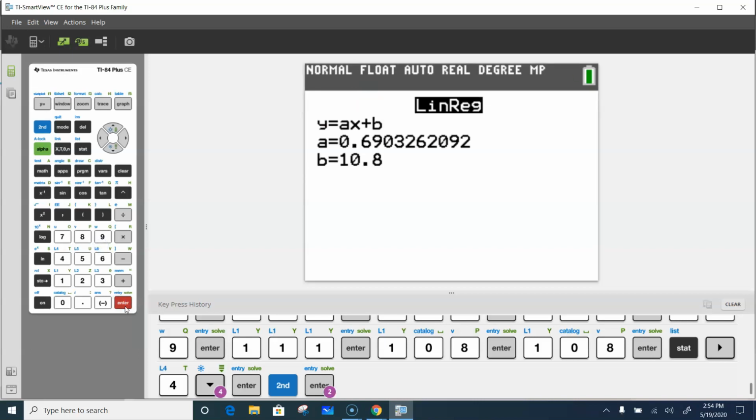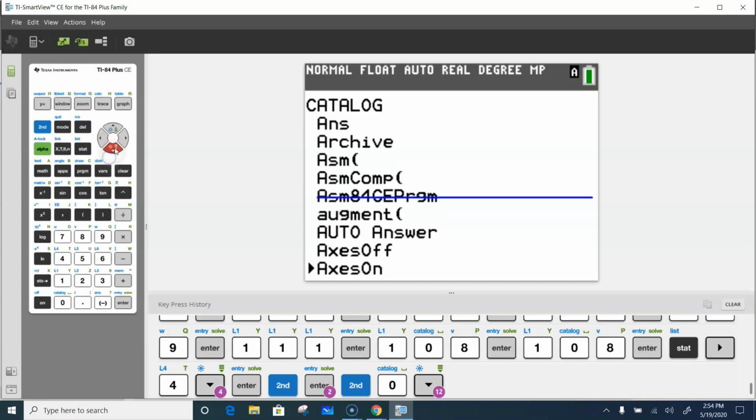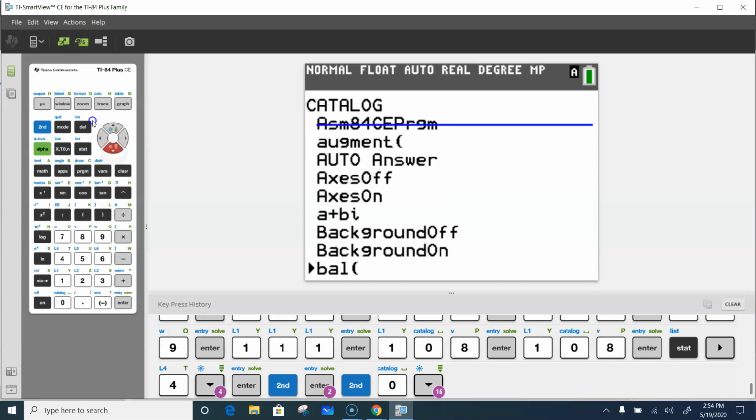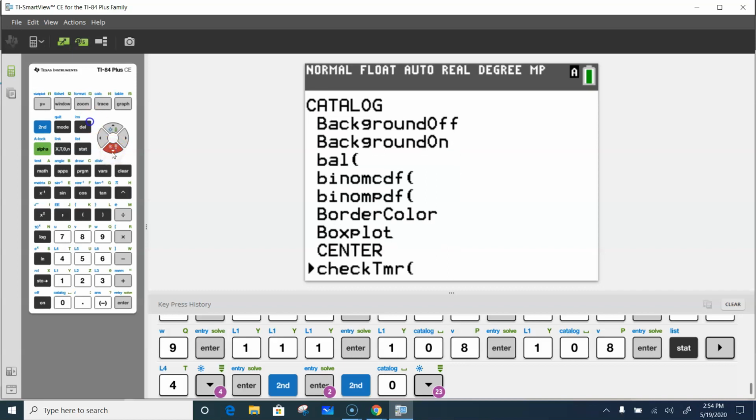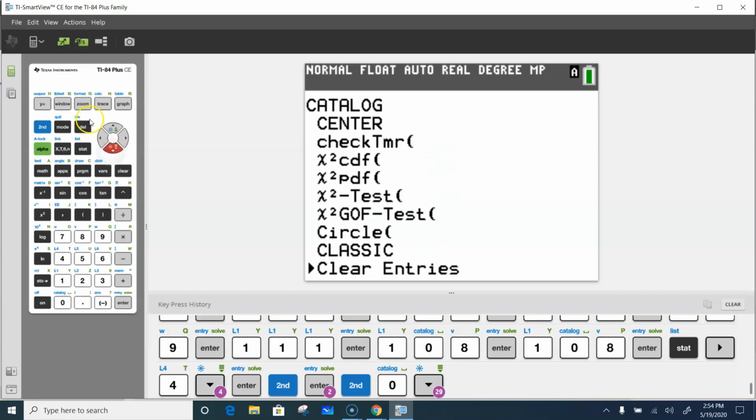Now, I should have shown this in our first or second or third class, but what I want to do here is go into my catalog. So that's second and the number 0. Hopefully we've all done this, but I'm going to do it again here in case you haven't seen this, or you got your calculator after I showed you this. I want to go all the way down until I find the command that says diagnostic on.